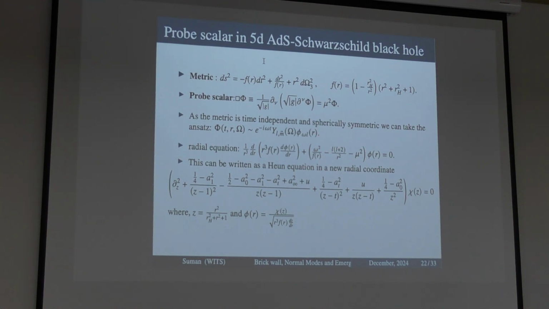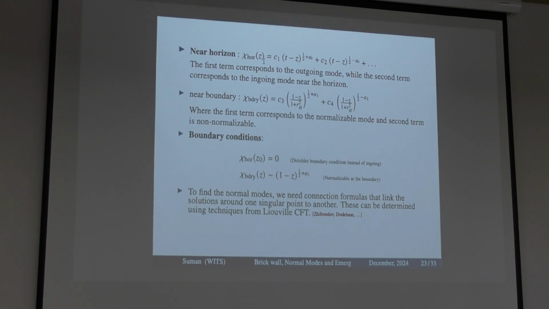And you can see that in the radial equation, you do not have m. So there is a huge degeneracy along this m quantum number. This equation can be written in normal form by a coordinate transformation. You can write it like this, and this is the near horizon behavior of the solution.